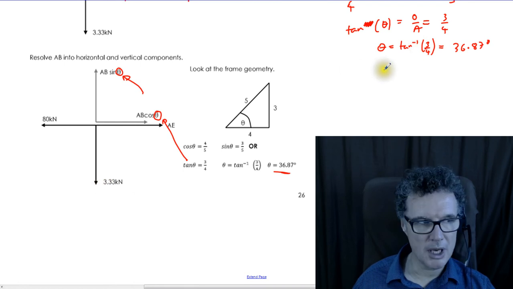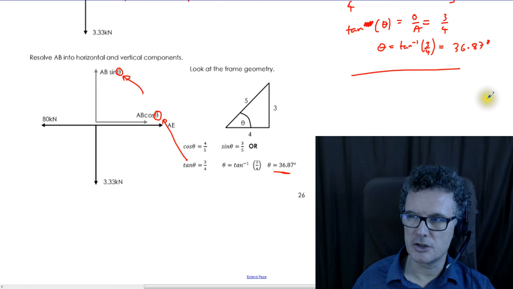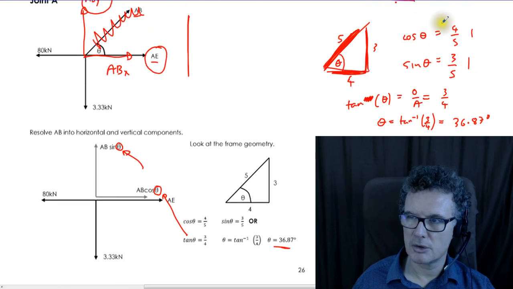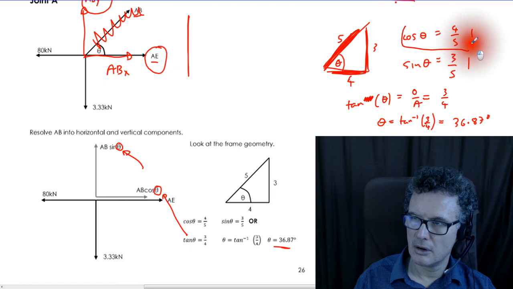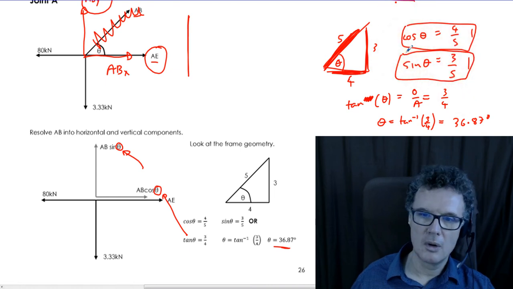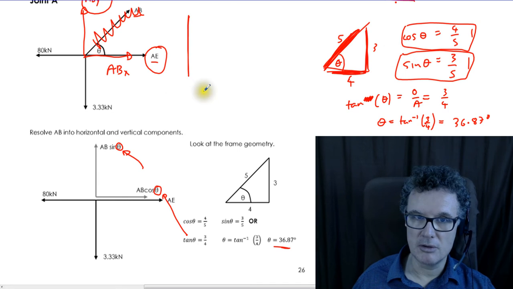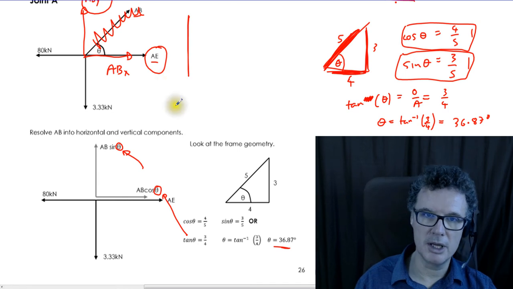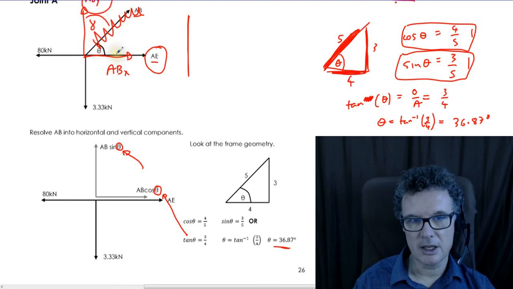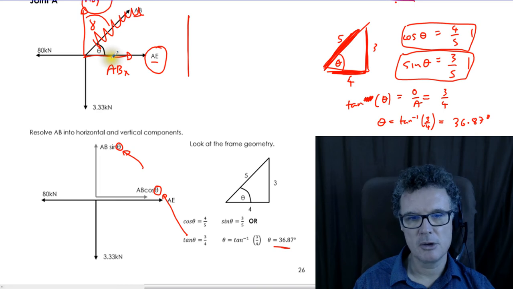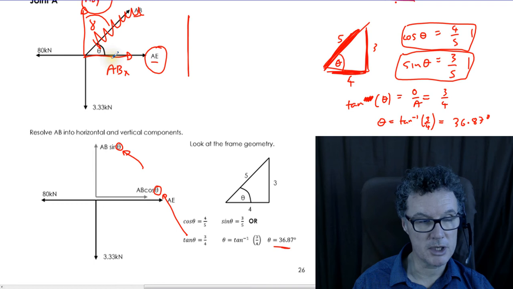Certainly you will want to play with the geometry and decide what cos theta and sine theta are going to be, or sometimes I might even work out what that angle is there, which I call gamma, and work out what cos gamma is. So you have to use your best intuition of what is going to be the best way to approach this problem.